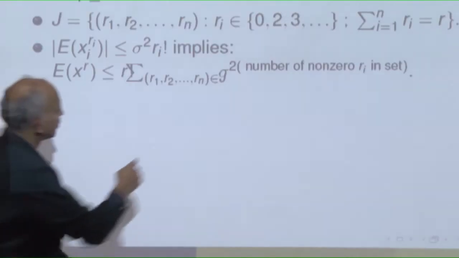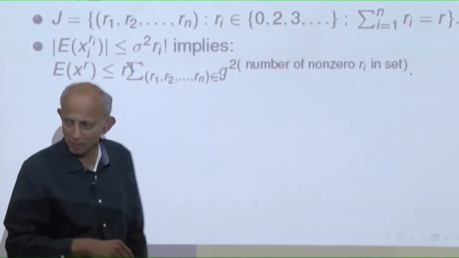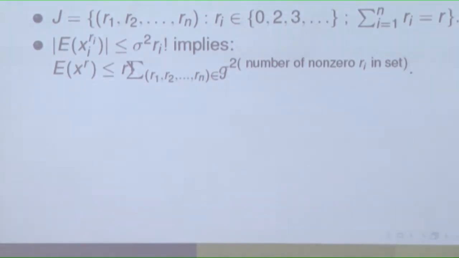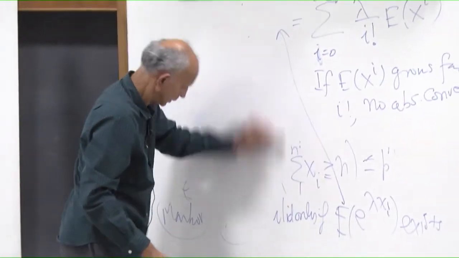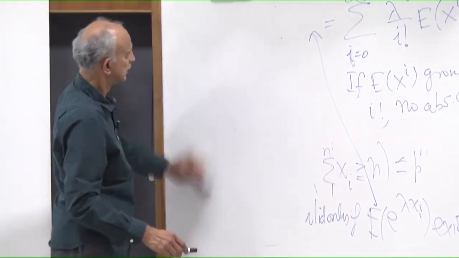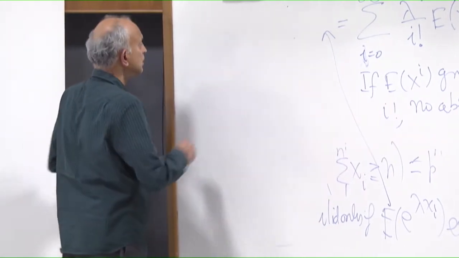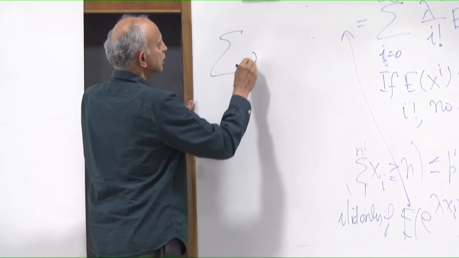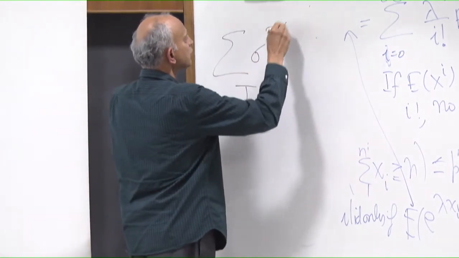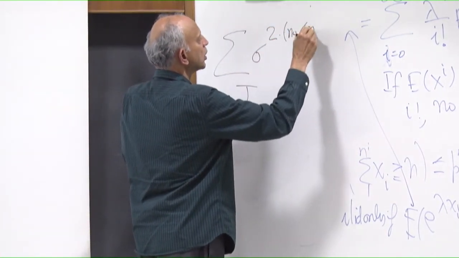So this is not a minus sign. Okay, so maybe I should write: it's sum over something, sigma to the twice number of non-zero.